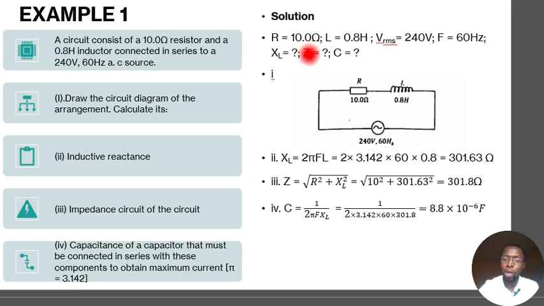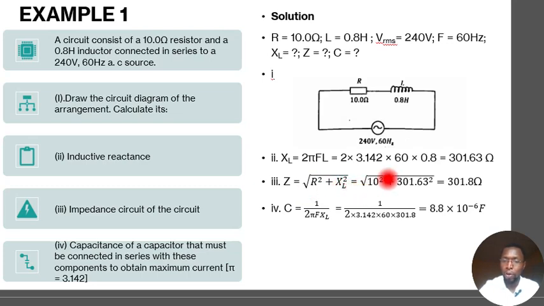Second part, we should calculate the impedance of the circuit. The impedance of an RL circuit. An RL circuit simply means a circuit consisting of a resistor and an inductor. So the impedance of an RL circuit is obtained with this formula: Z equals the square root of resistance squared plus inductive reactance squared.